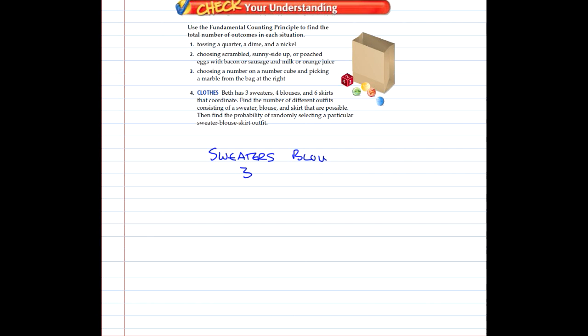Blouses is 4. Skirts is 6. So 3 times 4 times 6 is 72 possible combinations. The chances of randomly selecting one particular outfit then would be 1 in 72.